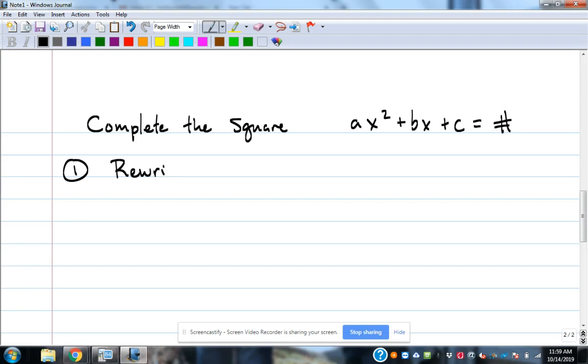But we want to try to use completing the square. So we're going to rewrite it as ax squared plus bx equals, and we'll say c there, but it's not always going to be the same number if there's something else over there. So we're going to rewrite it to where the x squared and the x are the only thing on the left side.